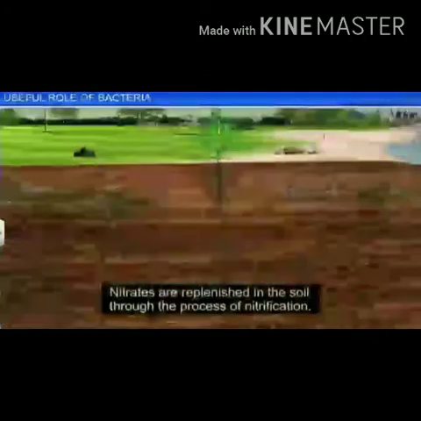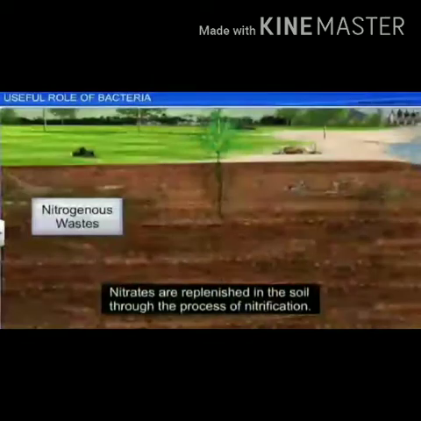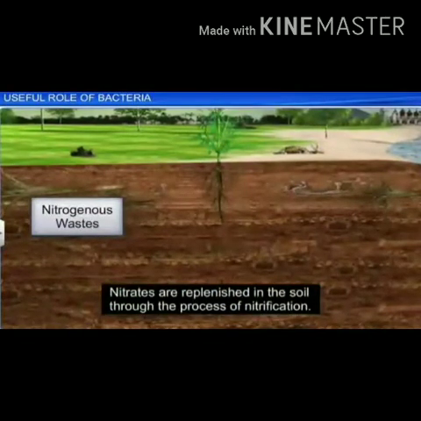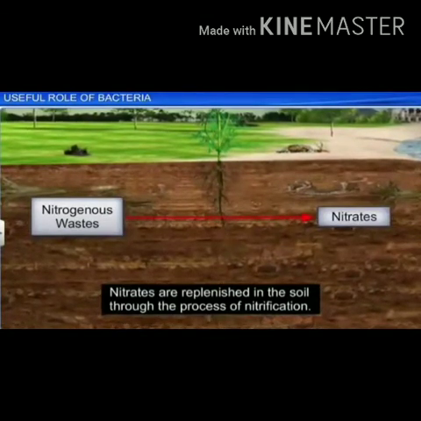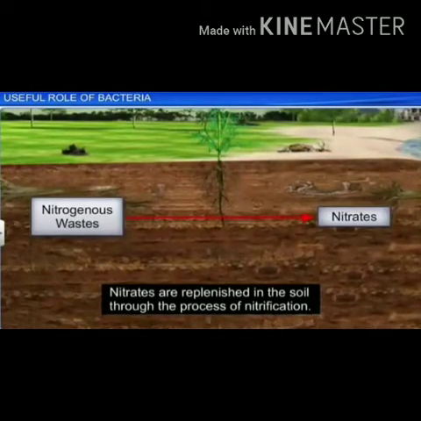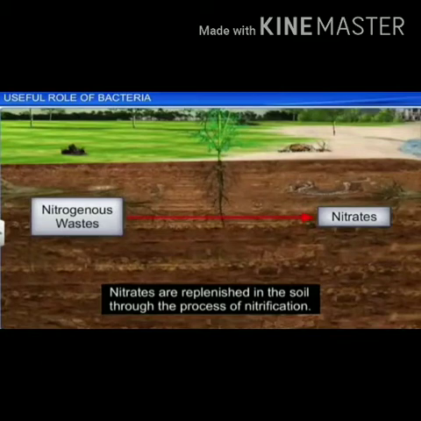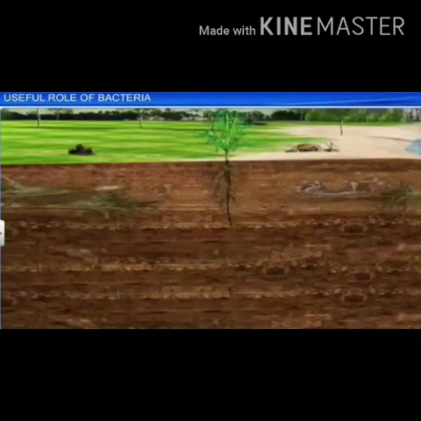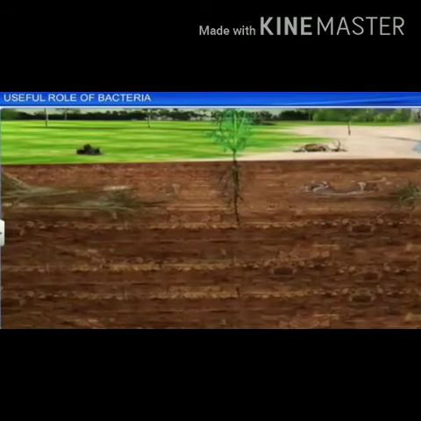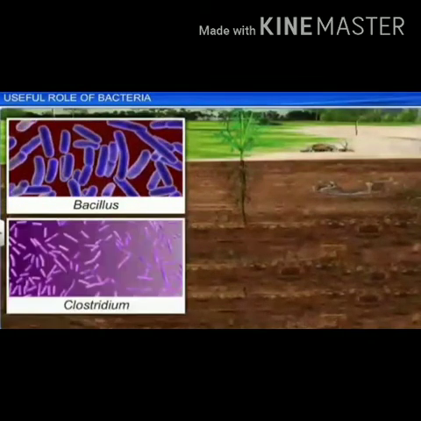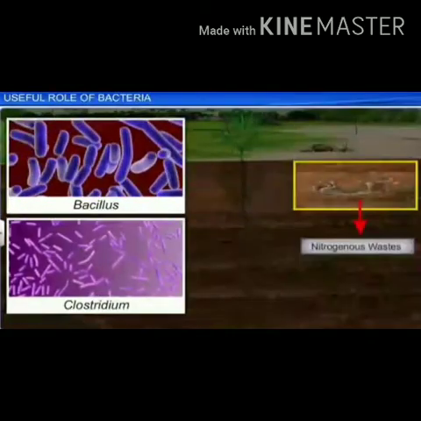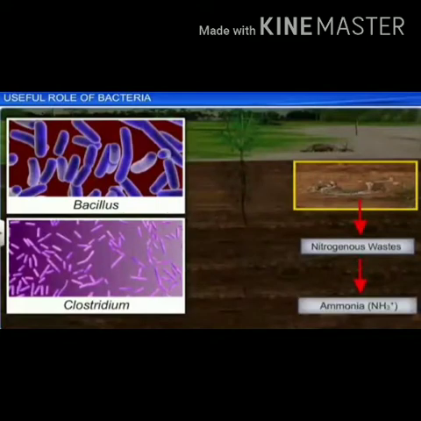There is another process in which nitrogenous waste from dead plants and animals present in the soil is converted into nitrates with the help of bacteria. This is called nitrification. In this process, certain ammonifying bacteria like Bacillus and Clostridium first convert nitrogenous waste into ammonia.